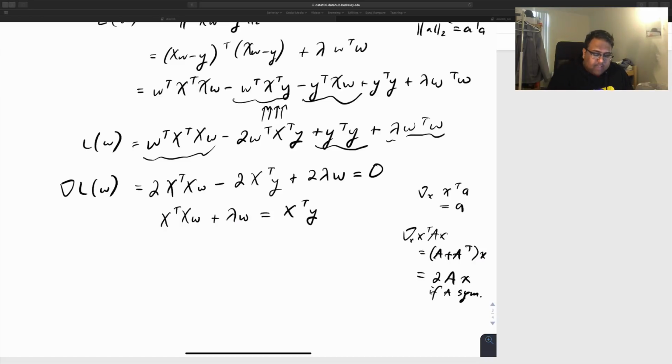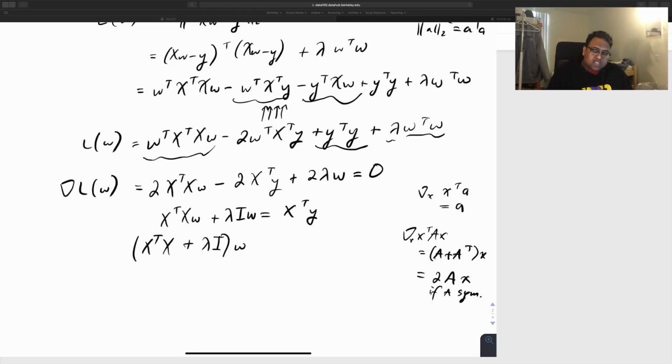Now I can factor the W out on the left-hand side, and I'll have X transpose X plus lambda. But that doesn't work because lambda is just a scalar, whereas X transpose X is a matrix. So what I can actually do is multiply by the identity matrix, because lambda W is really the same thing as lambda identity times W, since multiplying any matrix or vector by the identity matrix does not change it at all.